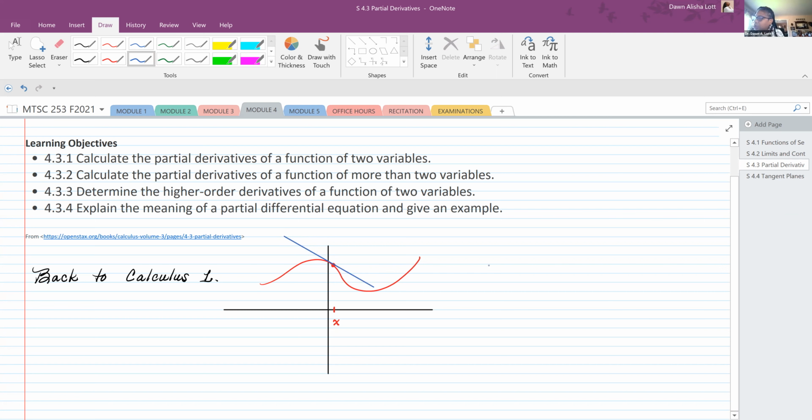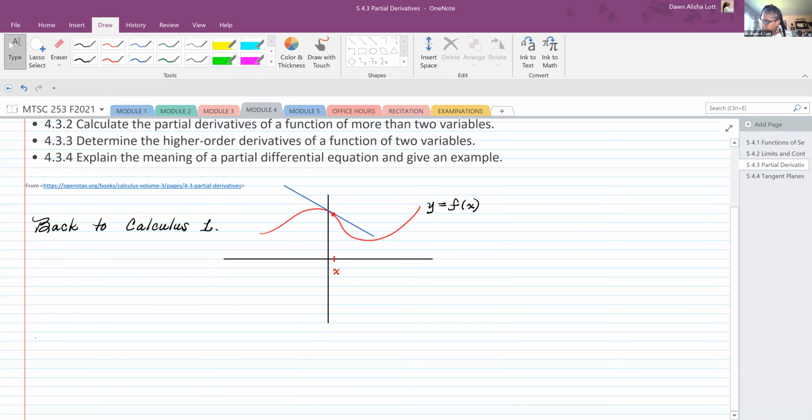So this function is y equals f of x. And so y prime, well, let's say dy dx. Let me be clear. The derivative of y with respect to x, we call f prime of x.